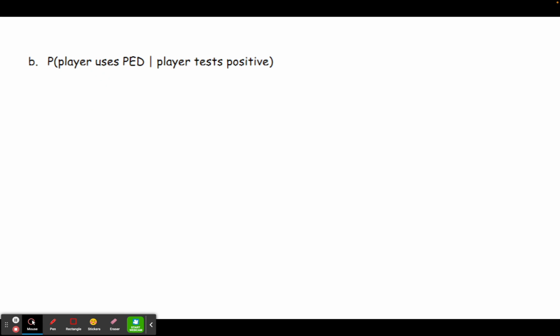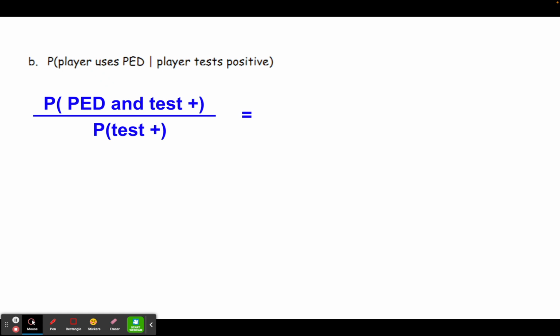Part B is asking us to calculate a conditional probability. What's the probability a player uses performance-enhancing drugs given that they test positive? So in other words, if a player comes back with a positive test, what's the probability they actually use performance-enhancing drugs? The formula that we've had for conditional probabilities would look like this. We need the probability that they use performance-enhancing drugs and test positive, divided by the total probability that they test positive.